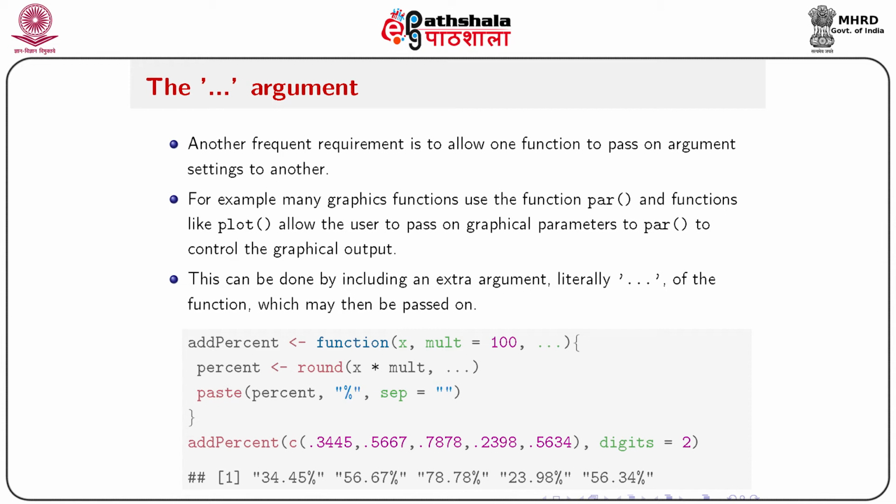See, I'm not including anything here about the rounding digits. The significant digit I have not mentioned anywhere in the function I define. Instead I put a triple dot. So that triple dot can be considered as anything that is appropriate for the round function. Then we can just pass these fractional values, and if I say digits equals 2, automatically it will come in a percentage format. Digits equals 3, then it will be three digits.